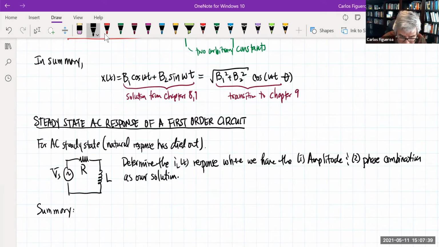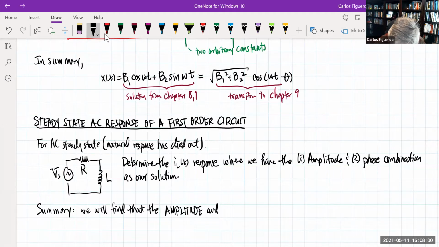If you have an AC circuit, you're going to find two things. You're going to find that the amplitude and phase are frequency dependent.